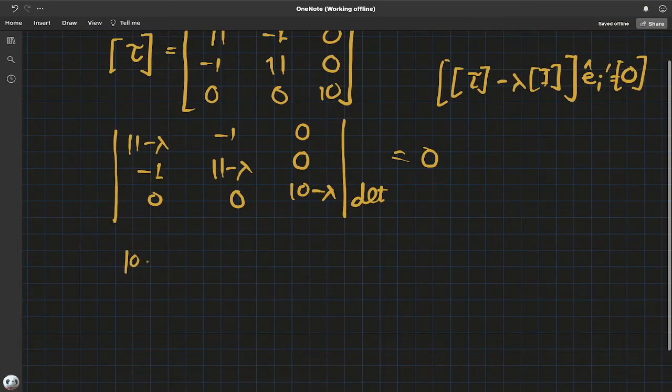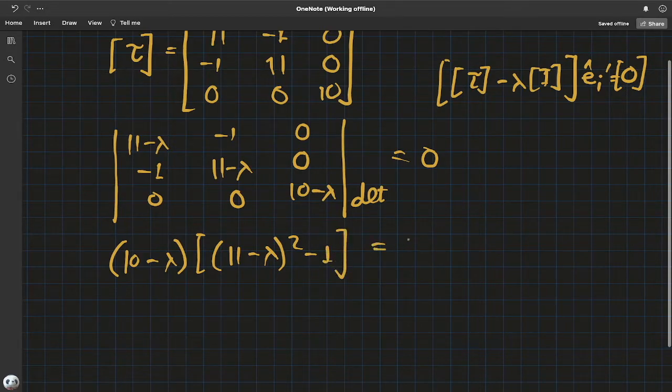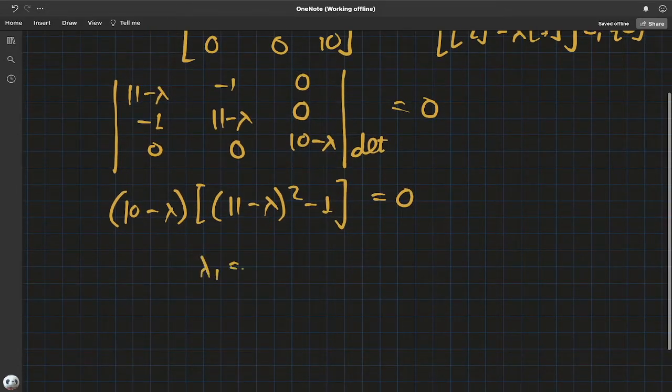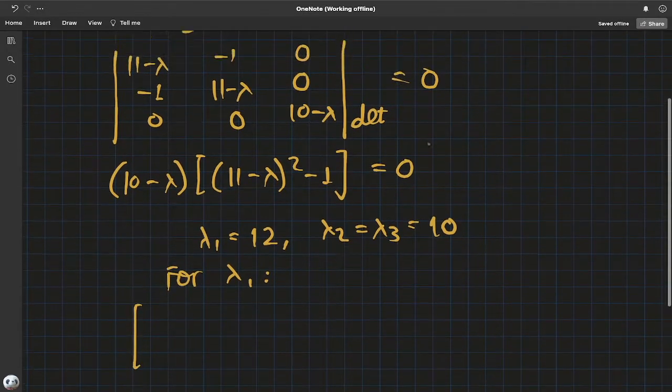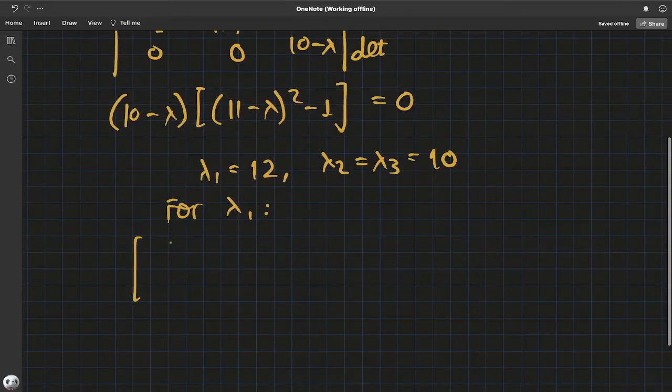If you solve this, if 10 minus lambda and 11 minus lambda squared minus 1, I'm skipping steps, so I have lambda 1 to be 12, lambda 2 and lambda 3 to be 10. So for lambda 1, if we plug this into this equation, we just get minus 1, minus 1, 0, minus 1, minus 1, 0, 0, 0, minus 2.